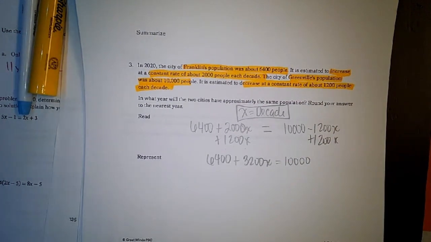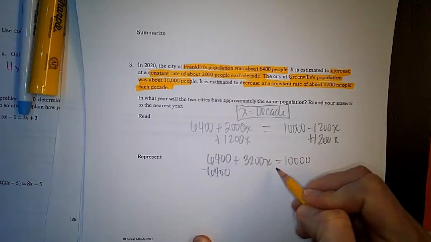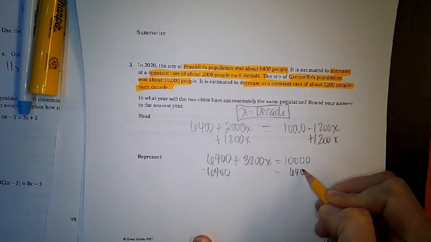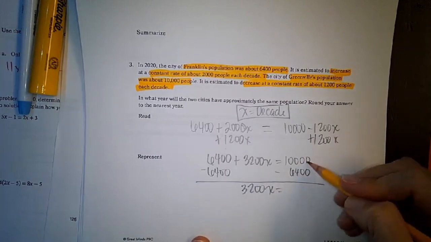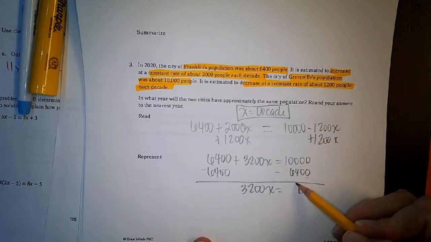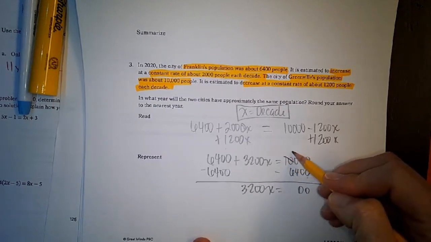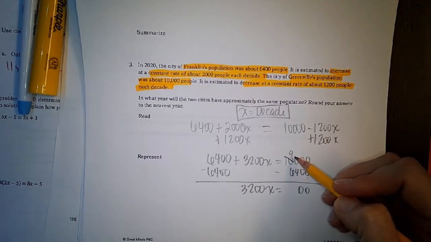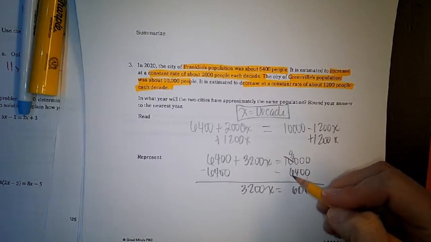Yeah, we're going to subtract the 6,400. 3,200x equals 0 minus 0 is 0. And then 100 minus 64, or we could just do it this way. We borrow, this becomes a 9, this becomes a 10. 10 minus 4 is 6. 9 minus 6 is 3. Is that correct? Did I do the math right?